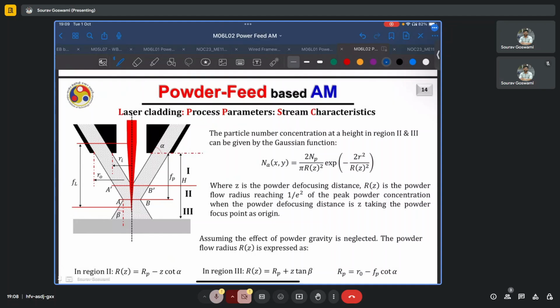In region 1, it cannot be because of the annular nature of the powder stream. Na at any distance x,y is equal to 2 Np by pi R z square. So R is a function of z in this case, as we see, depending on whether we are in region 1, 2 or 3 and how z is changing. Also, for the sake of reference, here z is assumed 0 here and it is positive downwards.